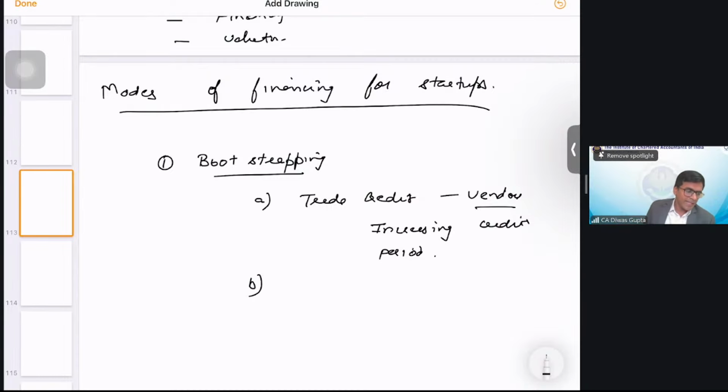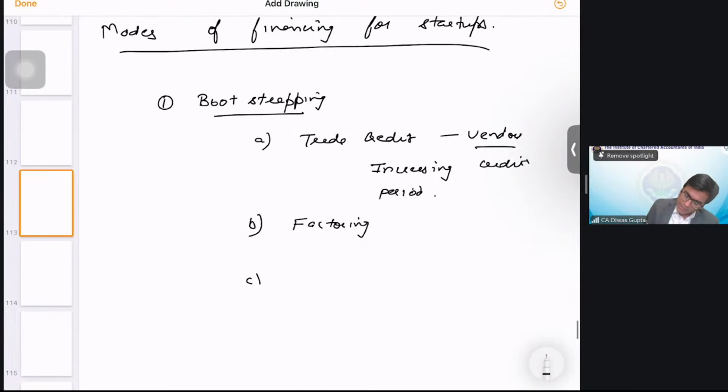Yes, very good, Saminathan. Leasing is also there, and then factoring is also there. Factoring, and then the third part is leasing. So factoring we discussed, right? Recourse and non-recourse.